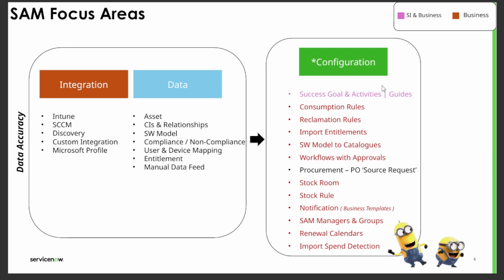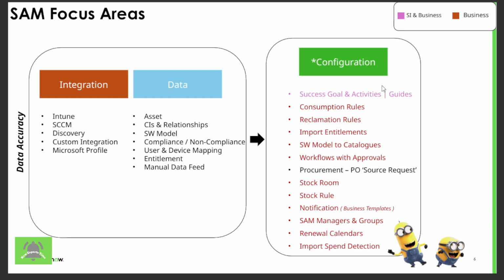There are two tables associated with this renewal calendar: one is alm_license and another one is ast_contract. These two tables have an interrelationship. So your renewal-related information you should configure in these two tables. This is also pretty straightforward. You just open the form, configure the details, and the remaining things will happen automatically.